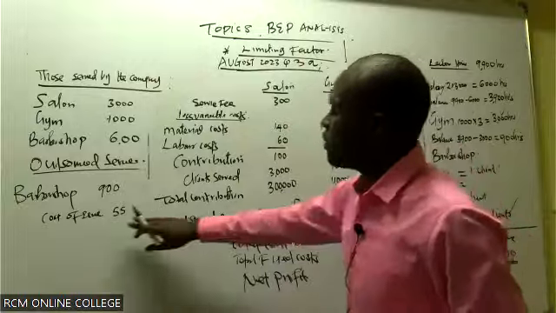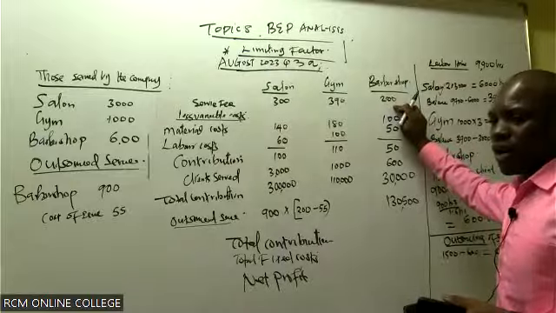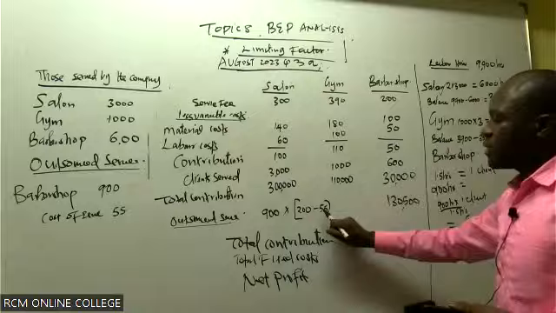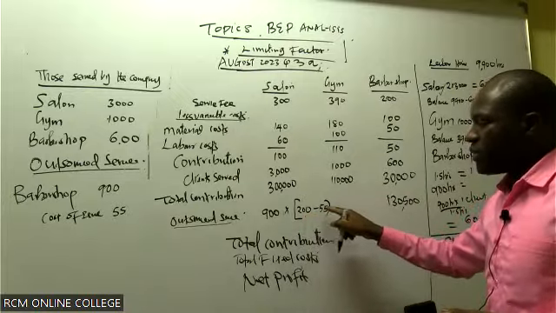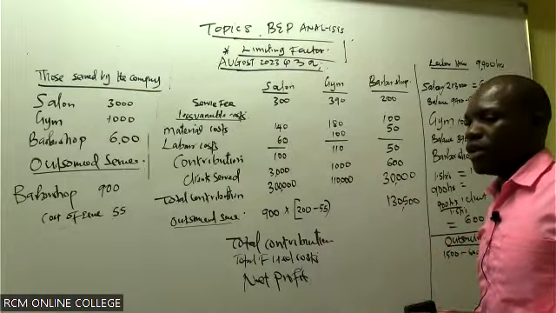When having paid 55, wewe ukikuja, atakucharge bado how much? 200 per client. So they're going to make a lot of money. For every client they're going to serve, they're going to make 200 less 55, which is 145 per client.